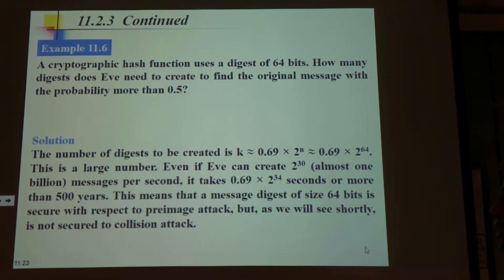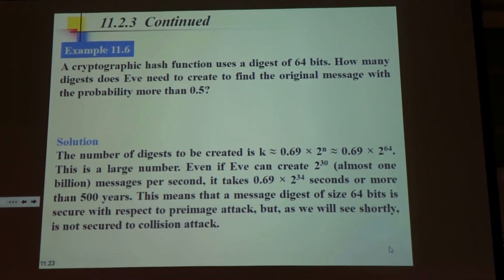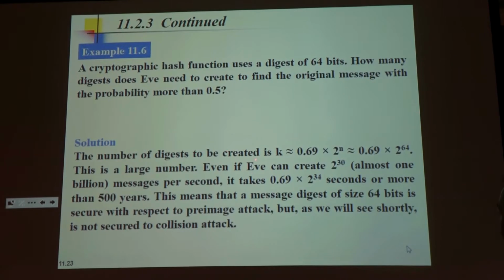From a digest, how can I go to an original message? So the number of digests to be created equals K, which is 0.69 times 2 to the power n. What is n? It is the number of bits, so n is 64. That will be the figure.